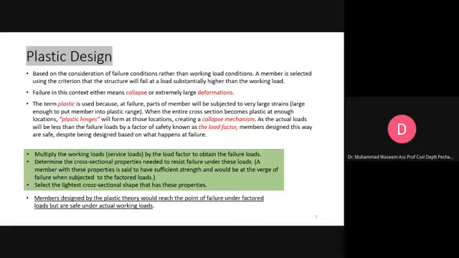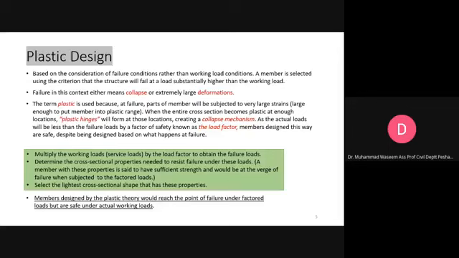Now, in the plastic design philosophy, as I told you, the stresses are within the permissible limit, but we increase the load so that the stresses in the member are at the verge of failure.